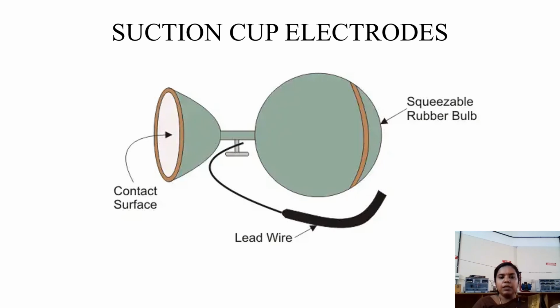But in practice, the infection possibility is high, and also the cleaning process is very tedious. So nowadays they are not preferring suction cup electrodes for measuring the bioelectric signals.